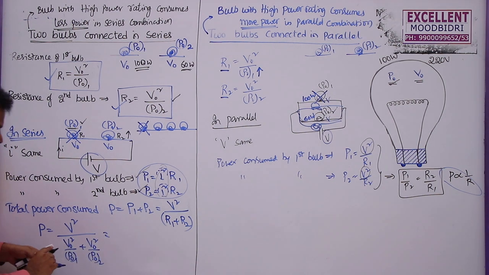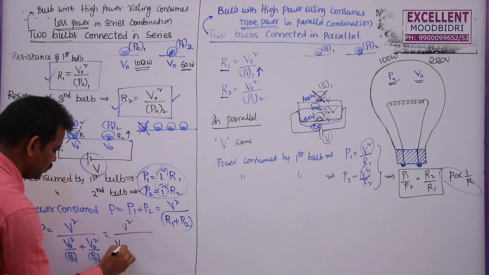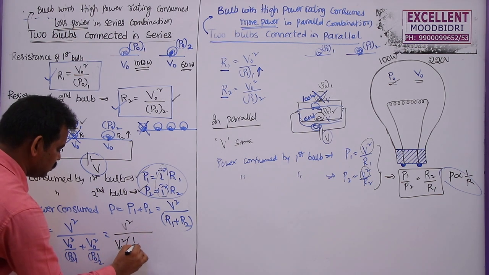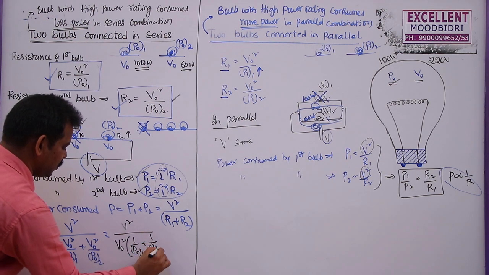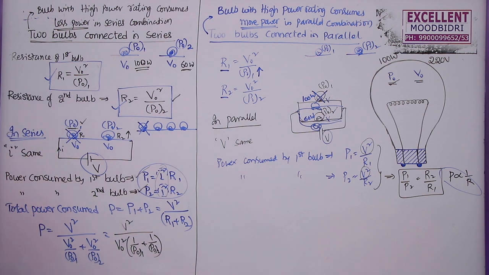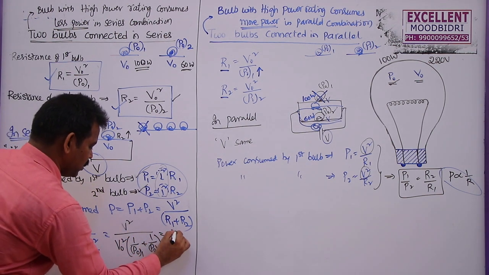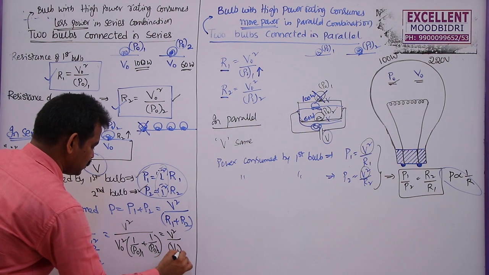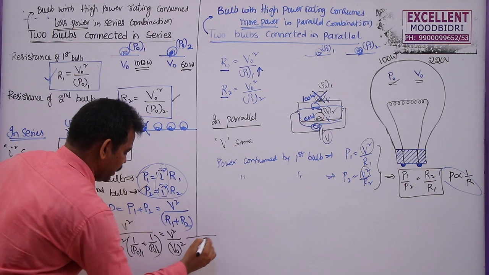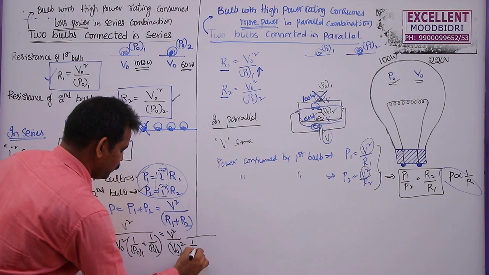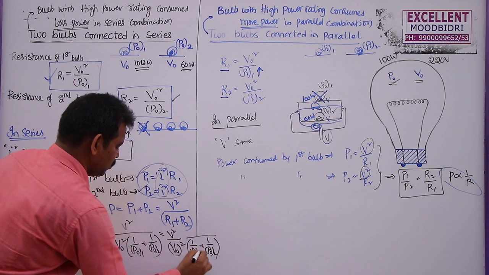So we can write this as, if you take V square common in the numerator, this will become 1 by P01 plus 1 by P02. Now the total power consumed is V square by V0 square into the denominator, which we can write as 1 by P01 plus 1 by P02.